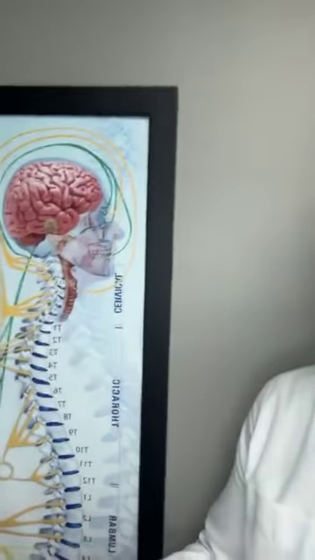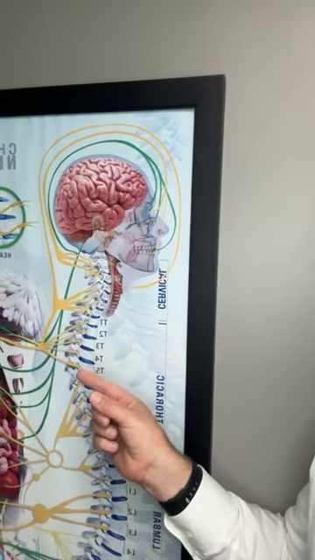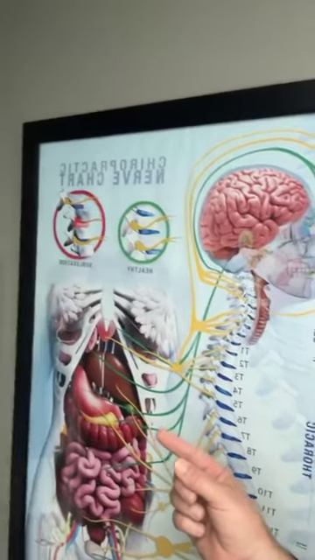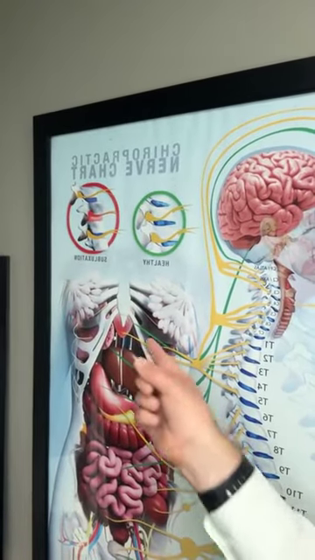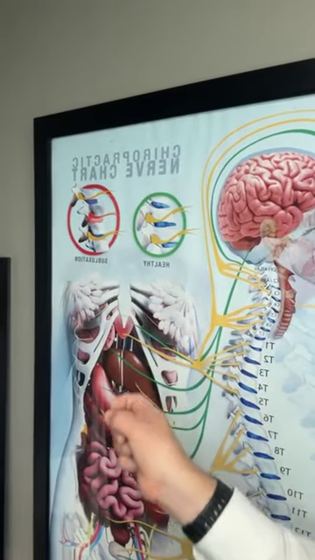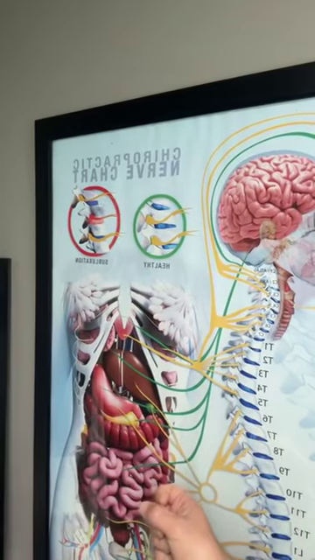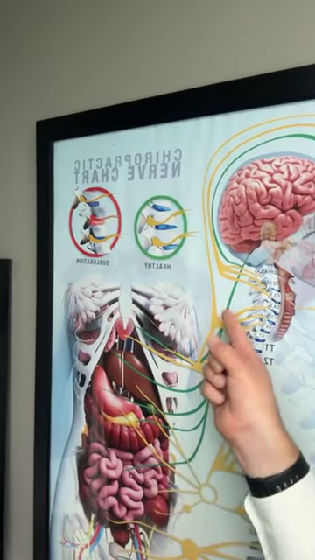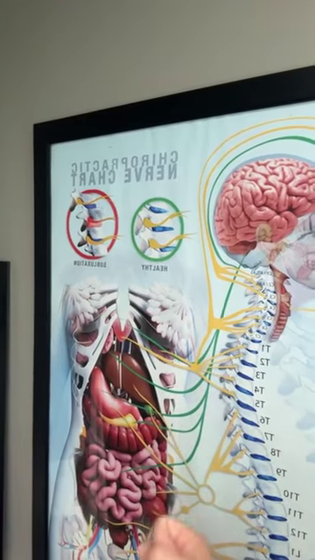So here's some effects for people who want some pictures. Effects of a subluxation. So there's the brain. Here's the spine. Here's the nerves coming out of the spine. And if you look a little closer here, we see the organs. We see the heart, the lungs, the liver, the stomach, the intestines. And you can see how these nerves in here go to those organs.